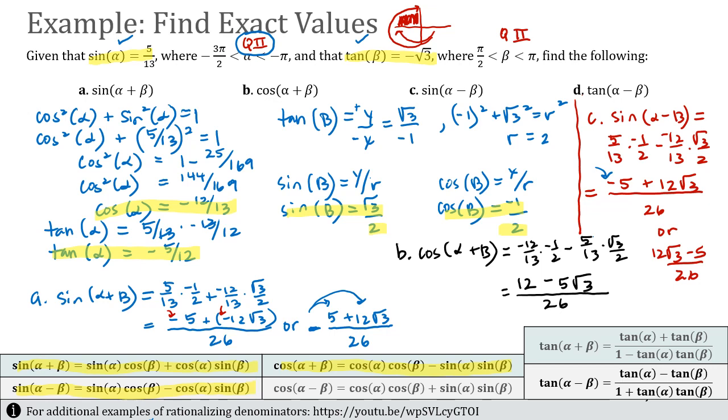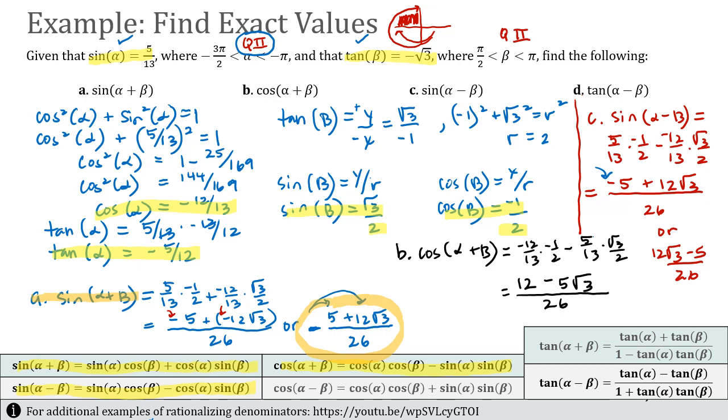Now, I'm running out of room, so I might be going to the next slide, but let me just highlight what we have so far. For part A, which was the sine of alpha plus beta, we came up with negative in my numerator, 5 plus 12 root 3 all over 26.